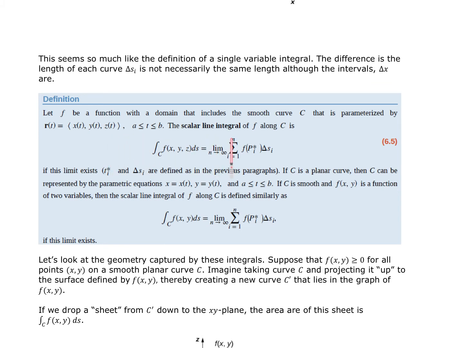The scalar line integral along C, notice that they have this little C as part of the integration, of f of x, y, z ds, with ds being the arc length, the length of that arc, is the limit as n goes to infinity of the summation of f of each one of those P sub i's times the delta s sub i's. And we end up taking the limit as we normally do, and we assume that the limit exists.